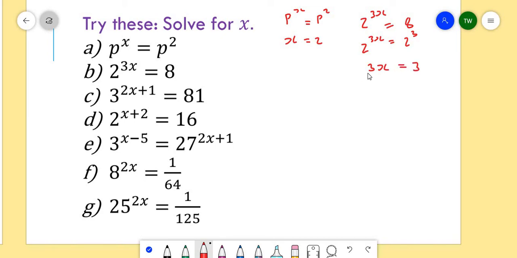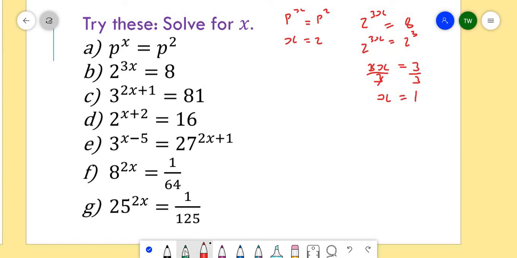Now we want to solve for the value of x. Because we are multiplying by 3, we're going to do the opposite, which is to divide both sides by 3. Remember, whatever you do to one side, you have to do to both sides. So here, 3 will cancel out 3. What we're left with on this side is x. And 3 divided by 3 is just 1. So therefore, x is equal to 1.